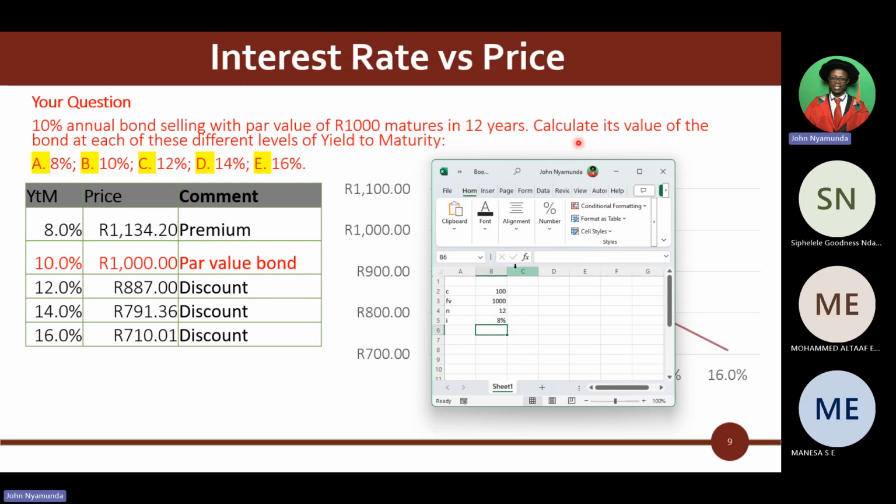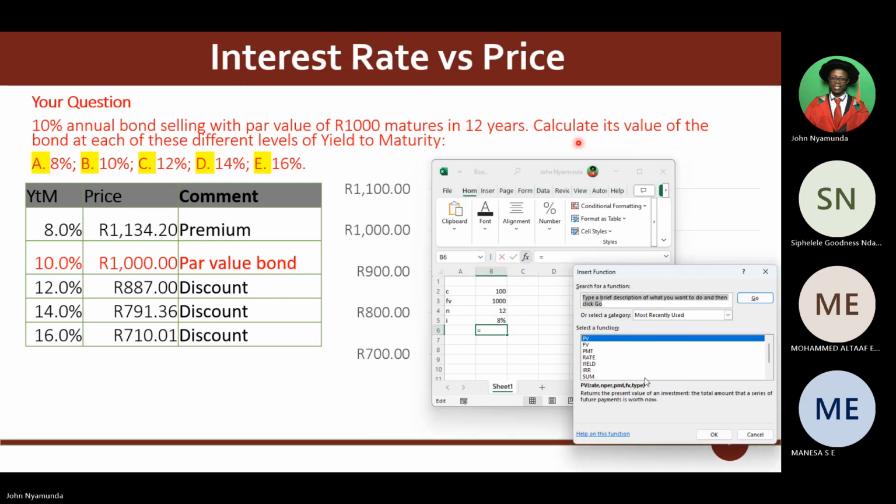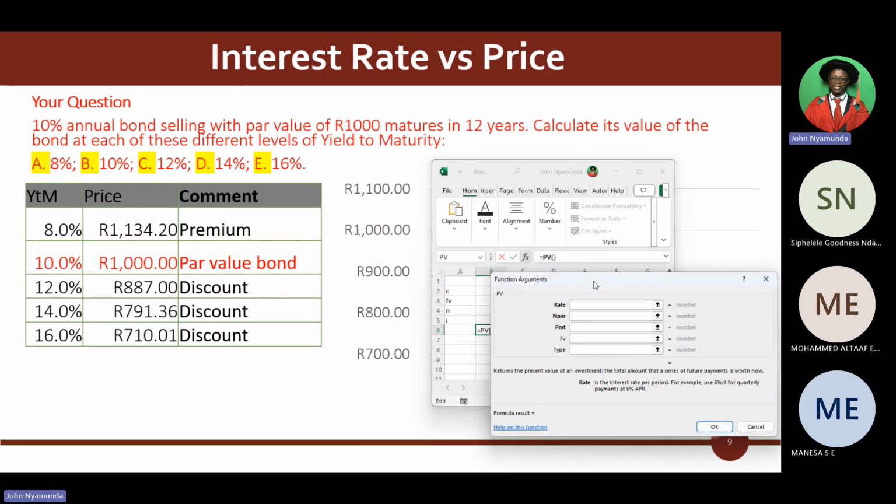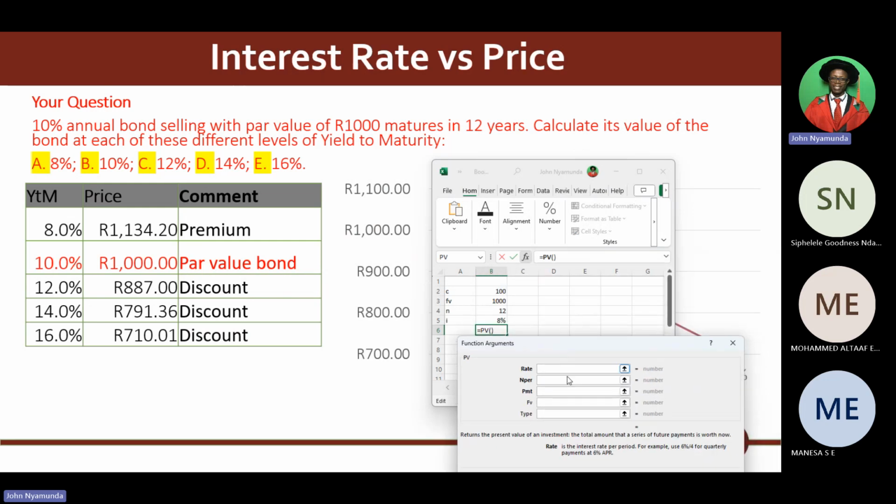So if I say here f of x, I want to find present value and I put it here nicely. So the rate is this one. The NPER is that one. The PMT is that one. The future value is that one.